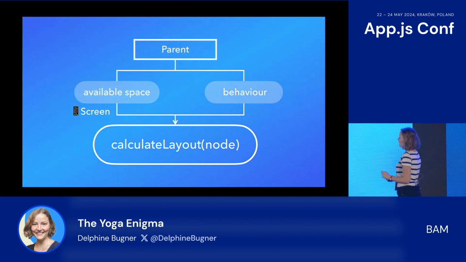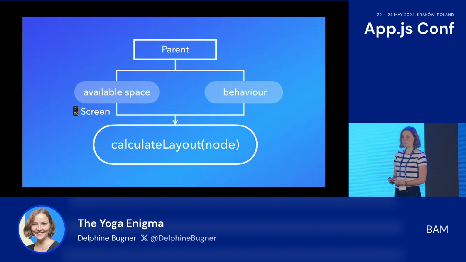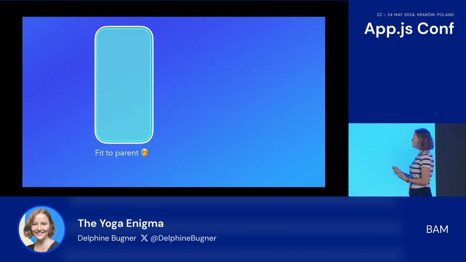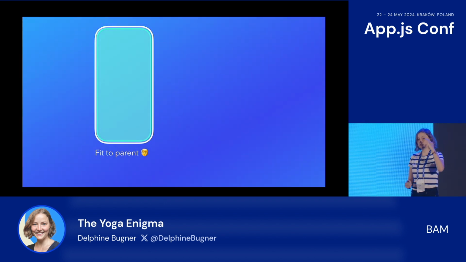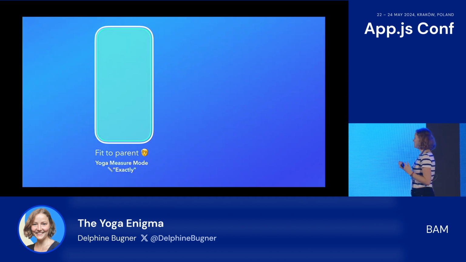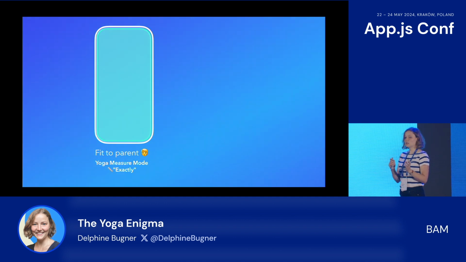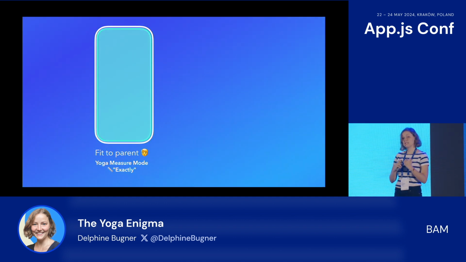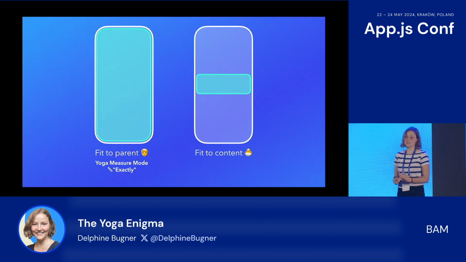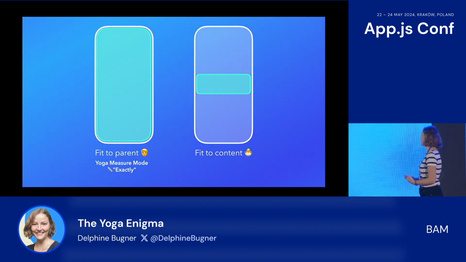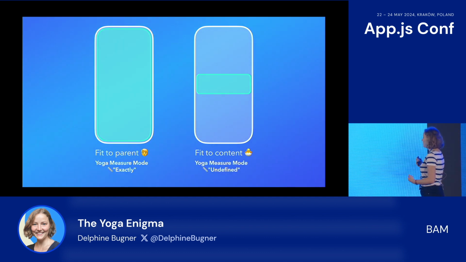And second, how the node should behave compared to its parent. Should the node fit to its parent and fill the whole available space? This is what Yoga calls the measure mode exactly. On the contrary, should the node fit to its content, to what's inside? For example, if it's centered inside of its container, like for the row container, this is what Yoga calls the measure mode undefined.